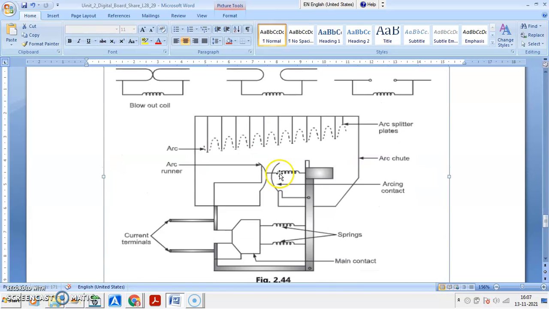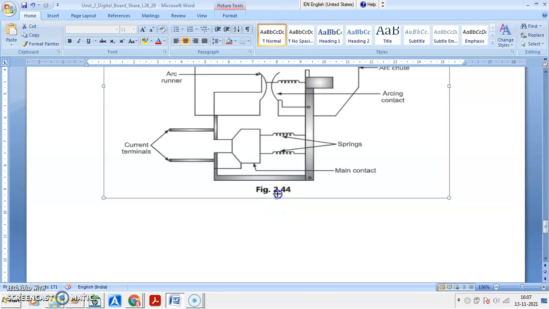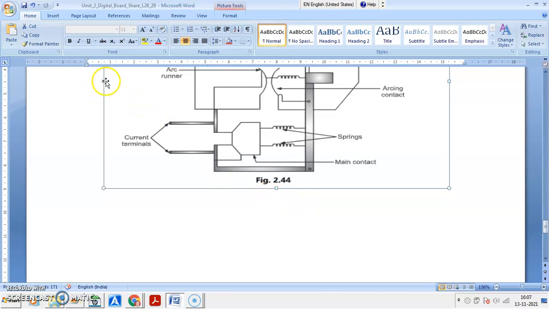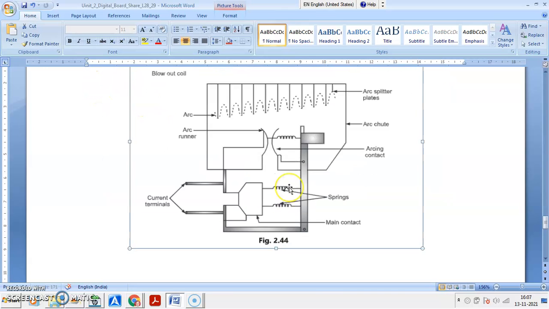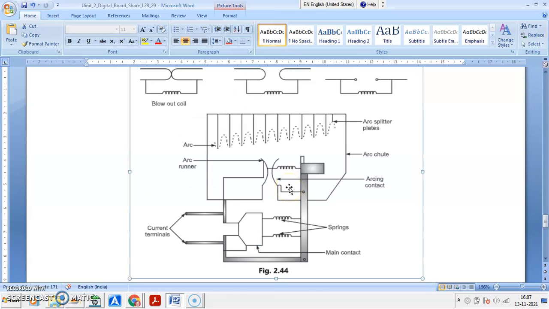This diagram is showing you an air brake circuit breaker. Are you able to see this?